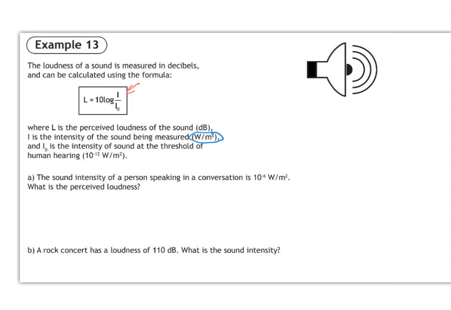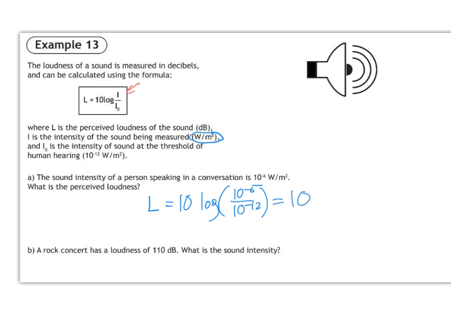And we're going to compare that to 10 to the negative 6, which is just kind of normal conversation with a not loud person. So let's take a look at this. We've got loudness is equal to 10 log of 10 to the negative 6 over 10 to the negative 12.